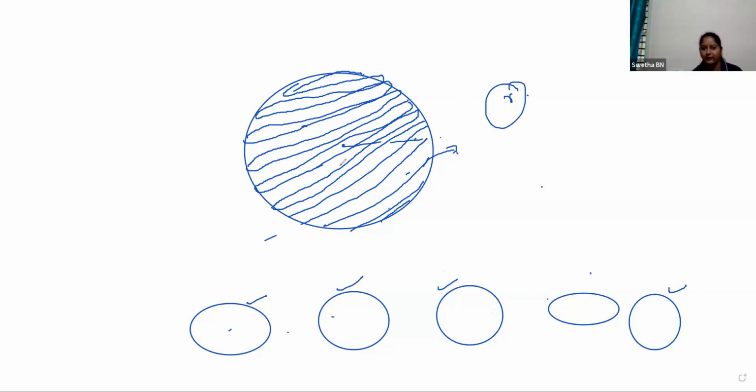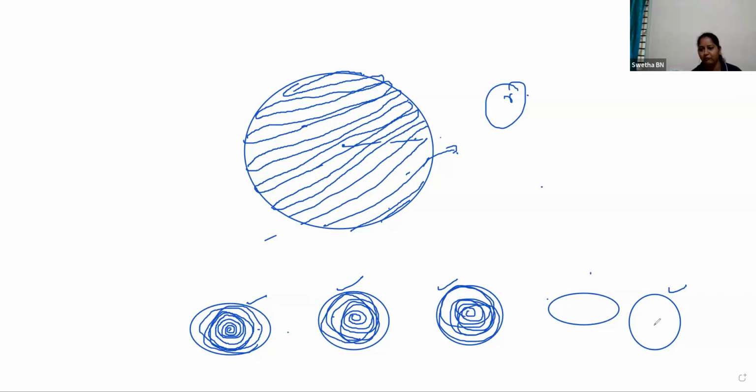Okay, now take out the thread and just go on winding the thread like this. Then you will get, so that will be equal to 4 circles. Got it? Did you understand the concept?